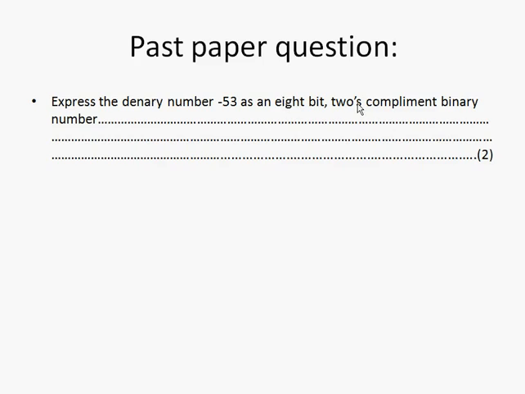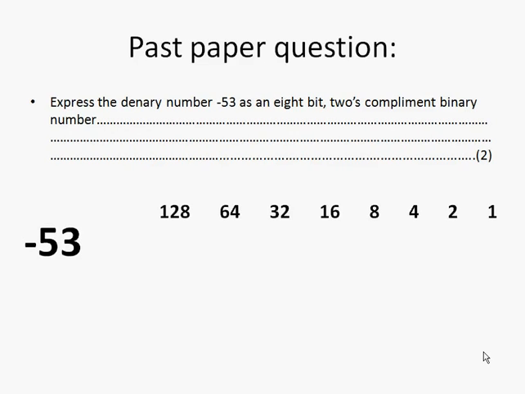Notice it says 8-bit, and it's most likely to in your exam. We've never seen a question that doesn't deal in 8 bits when it comes to 2's complement. So it's worth 2 marks. So it's minus 53 that we need to convert into 2's complement binary. We mark down our base 2 number system.